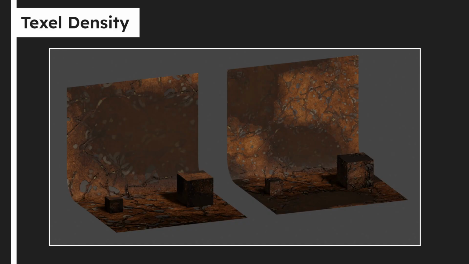But as you can imagine, if I was going to apply this material to a bunch of different things in my scene, the rocks and sticks throughout my world should still be the same size. If the textile density is off, it's going to look like that first one, where the rocks on this one are so incoherently small, and the rocks on this one are way larger than everywhere else. Right? But by matching the textile densities, we get rocks that are the same size, no matter what surface they're on, or what size prop.